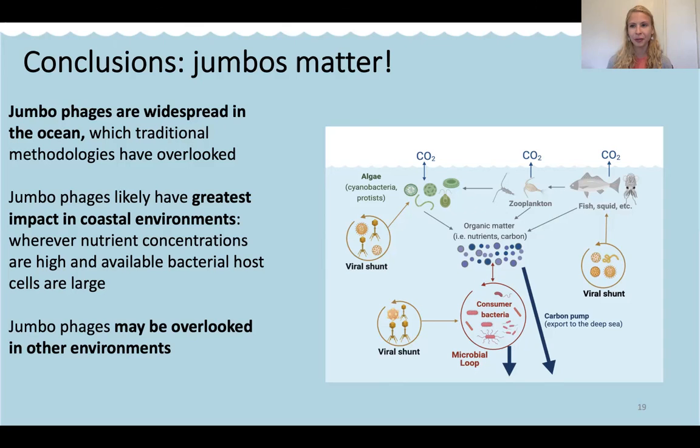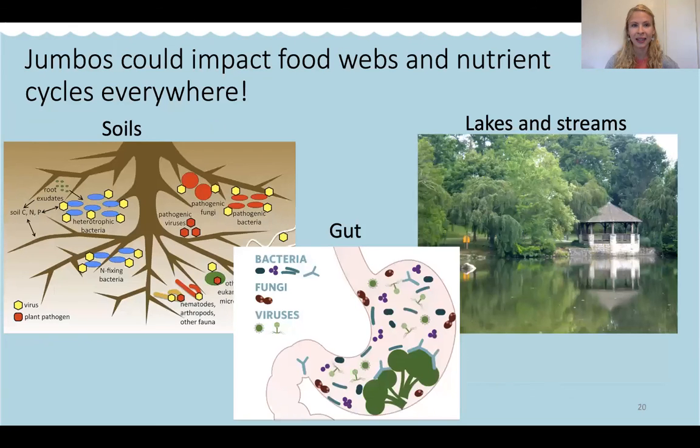These 0.22 micron filter cutoffs are used to study viruses in all types of environments, so it's very likely that jumbophages are being overlooked in other systems. And they could be impacting the food webs and nutrient cycles in all these other systems like soils and guts and lakes and streams. So if you're interested in looking for jumbos in your system, please reach out to me. I'd love to hunt for phages with you.